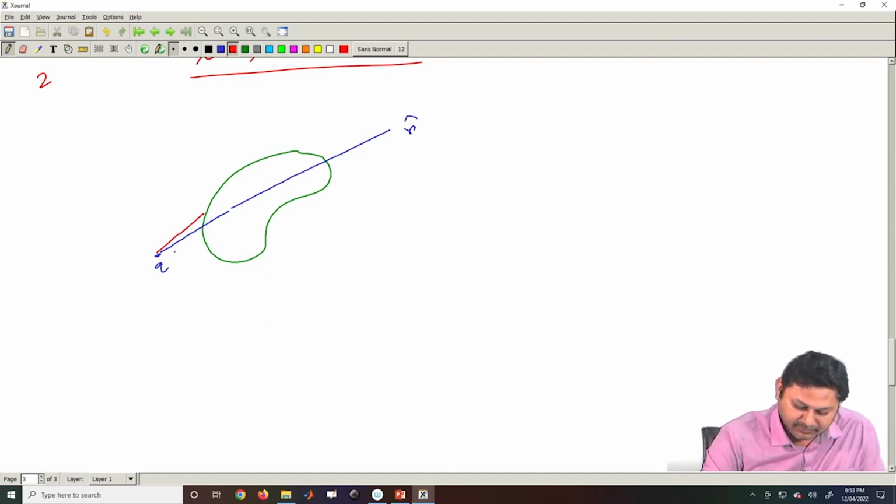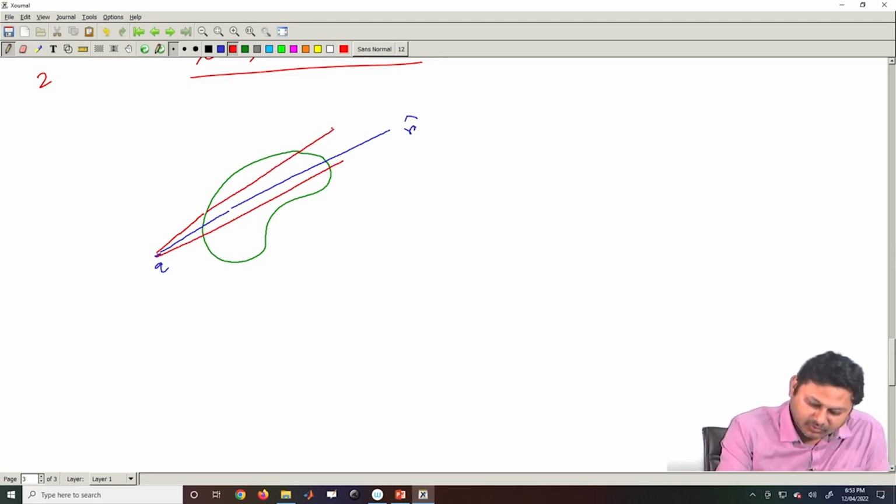That is this one, and this one. So, two solid angles are here, one is the area that we are having, this area, and another is this area.